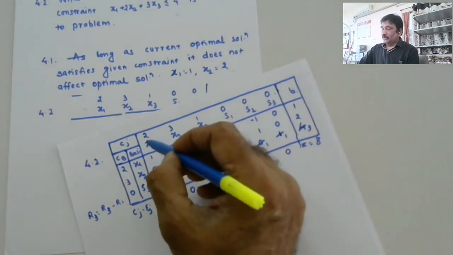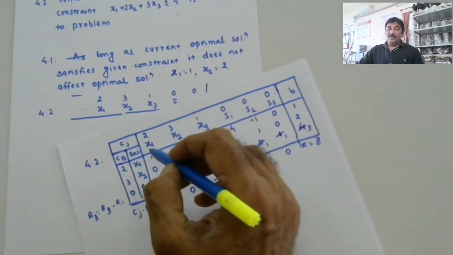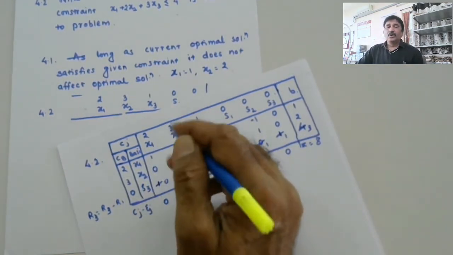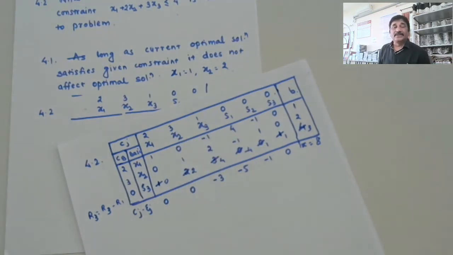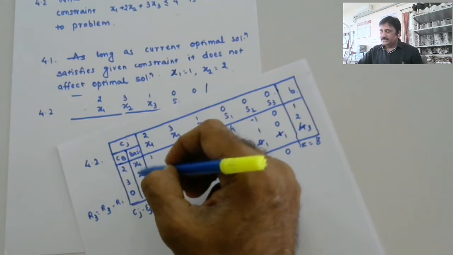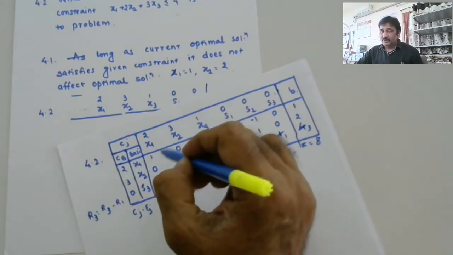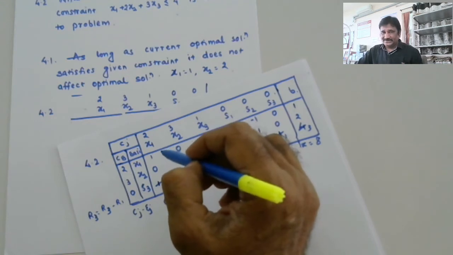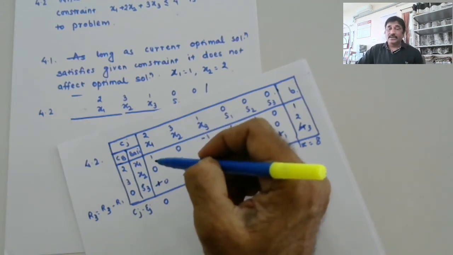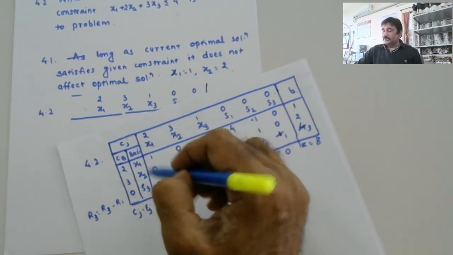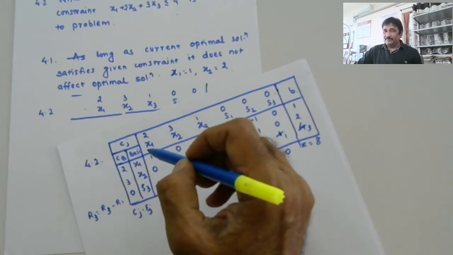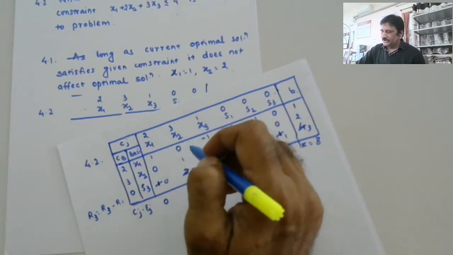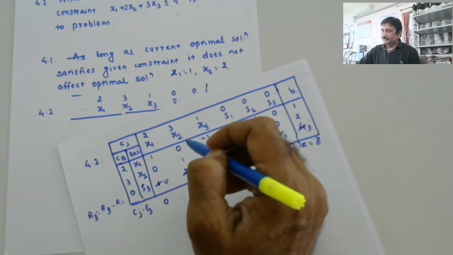So the x1 column I have got to what is called the canonical form. It is the standard form in which all the variables have in their column the corresponding element 1 and all others 0. That is called canonical form. I have restored canonical form partially, for the x1 variable. x2 is still pending.